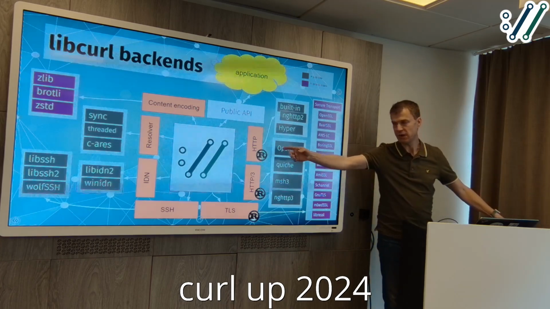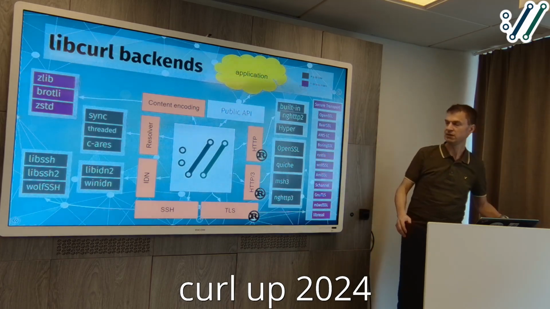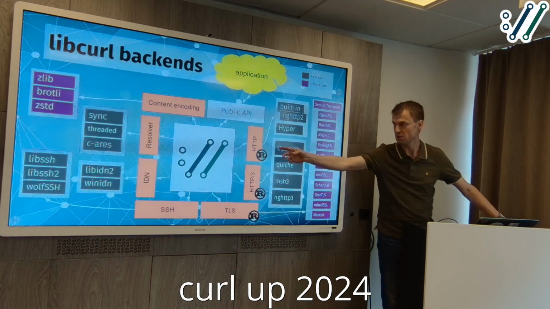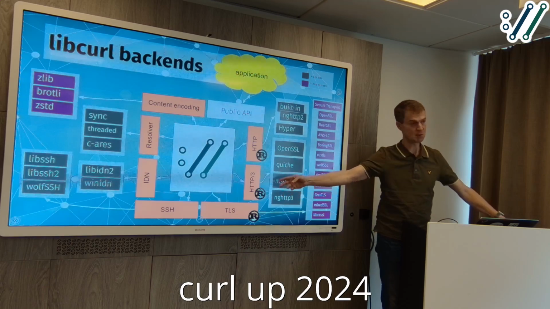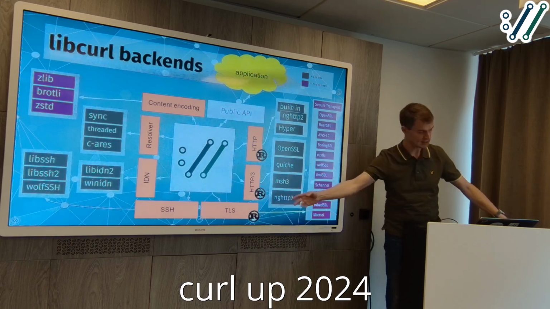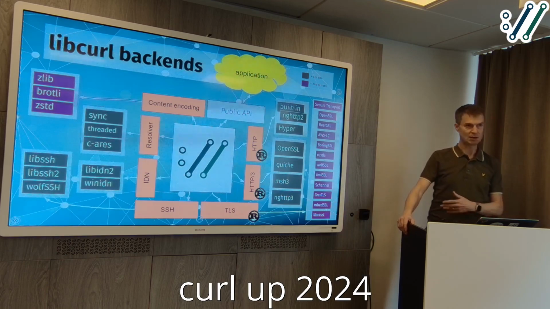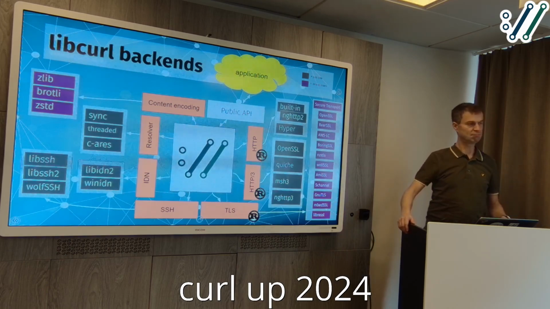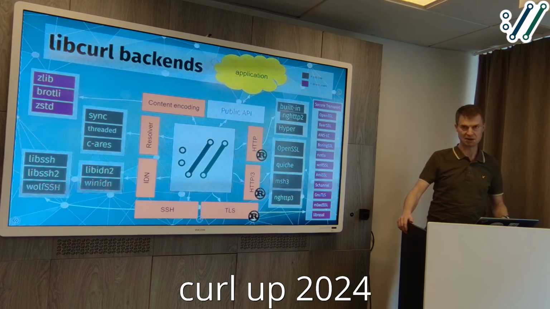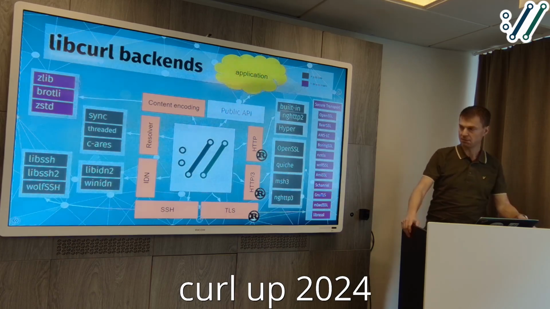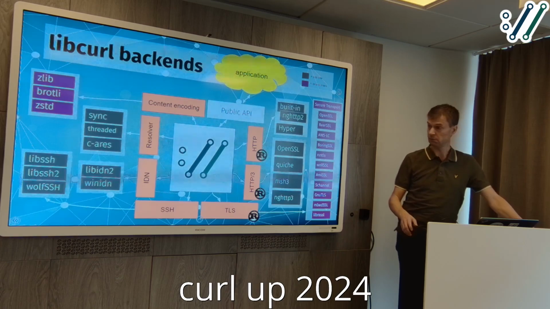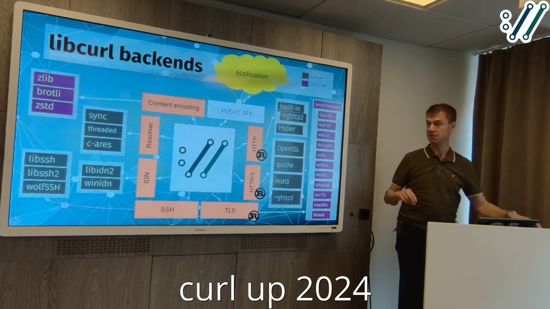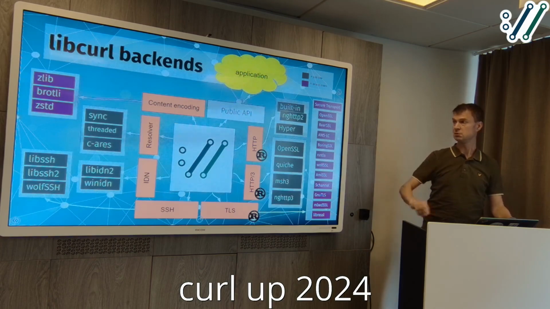We have Rust-written libraries as an alternative for HTTP 1 and 2. We have Rust alternatives for HTTP 3. We have Rust alternatives for TLS. So theoretically you could build curl with quite a bit of Rust in the running binary blob, but no one is actually doing that for real. Well, again, no one. There are probably two somewhere.